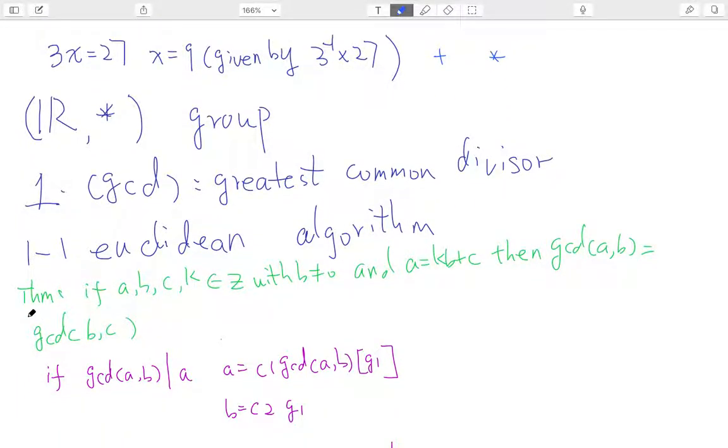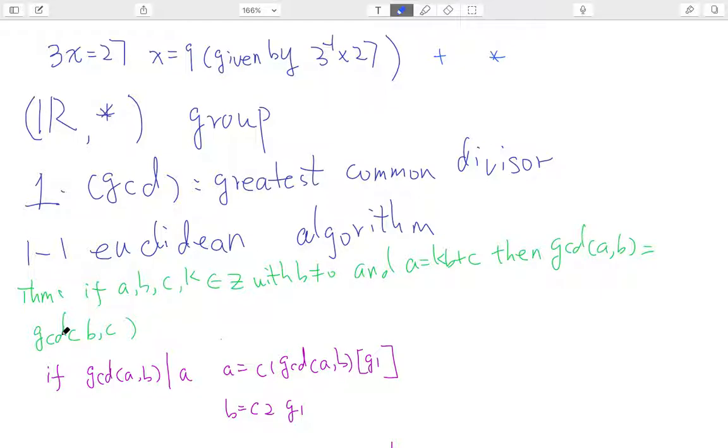So here's the theorem. If a, b, c, k belong to the integers, with b not equal to 0 and a equal to k times b plus c, then the greatest common divisor of a and b is equal to the greatest common divisor of b and c. This theorem offers you a recurrence relationship.